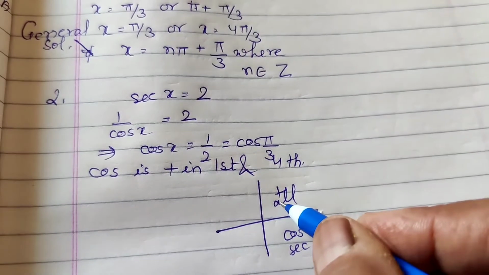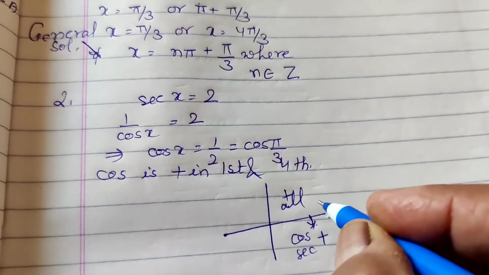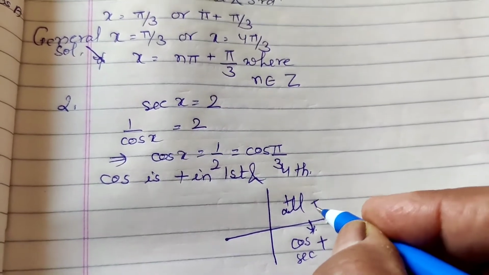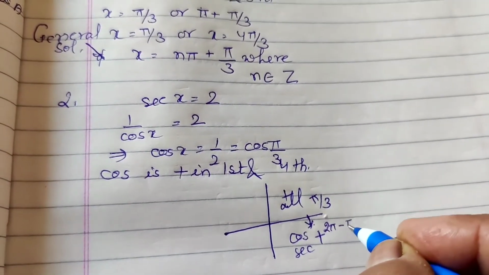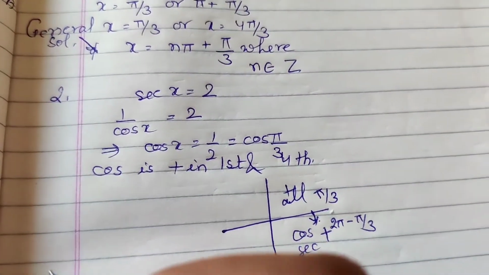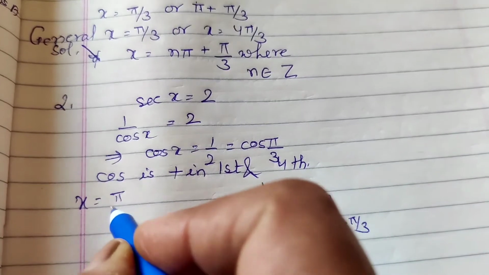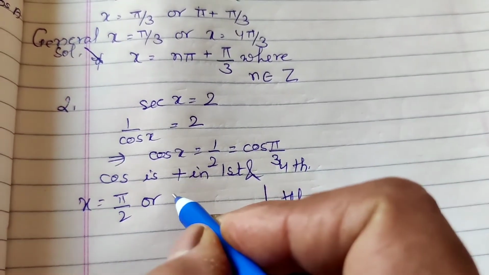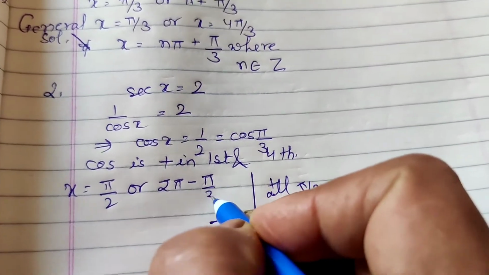Therefore, the values are pi by 3 or 2 pi minus pi by 3. So we can write x equals pi by 3 or 2 pi minus pi by 3.